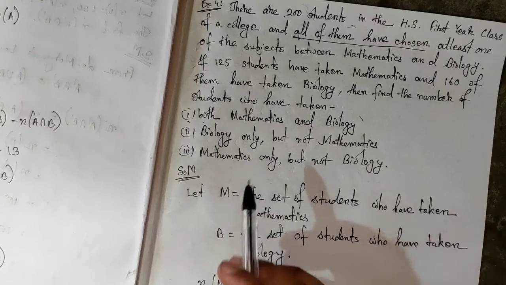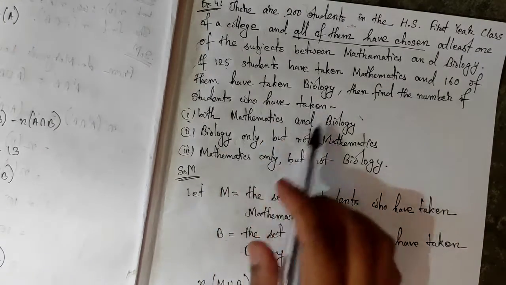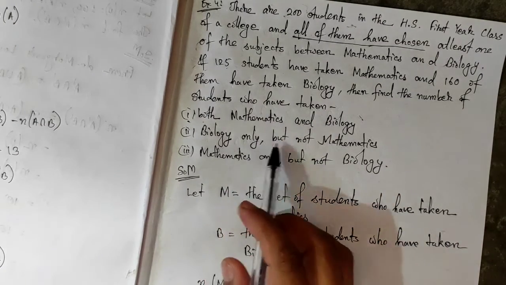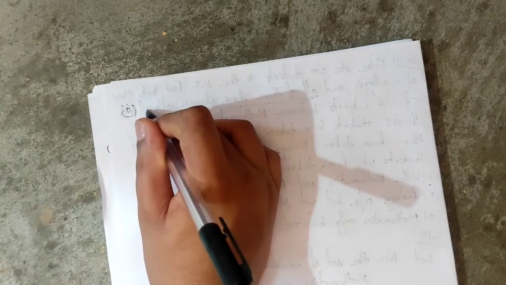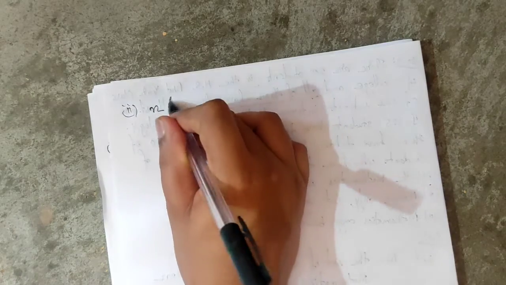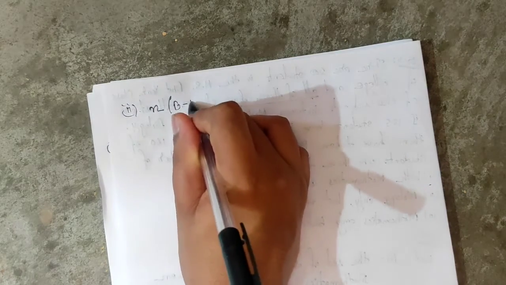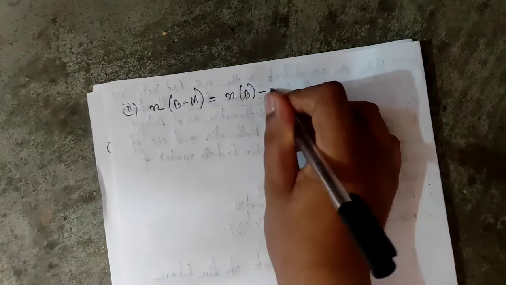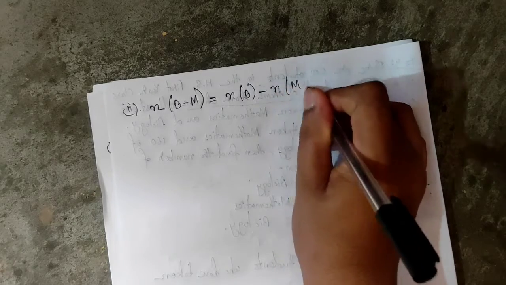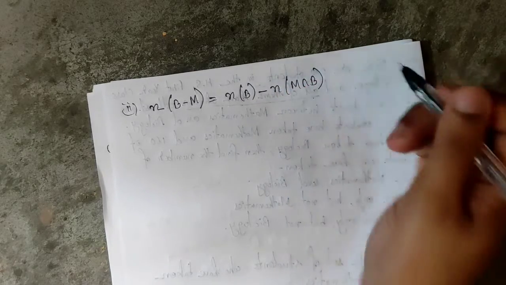Now the second part is to find the students who have taken biology only but not mathematics. That means we need to find the number of students who have taken biology but not mathematics, that is n of B minus n of B intersection M. So we know this formula, n of B minus n of M intersection B, or B intersection M, both are the same.